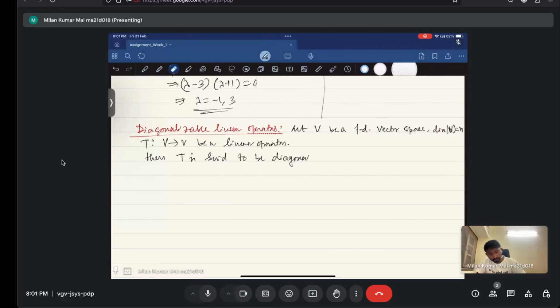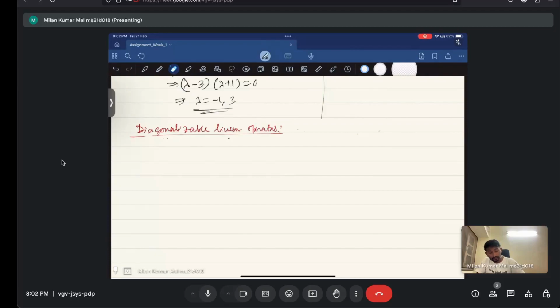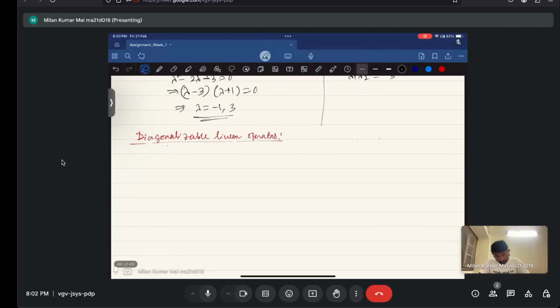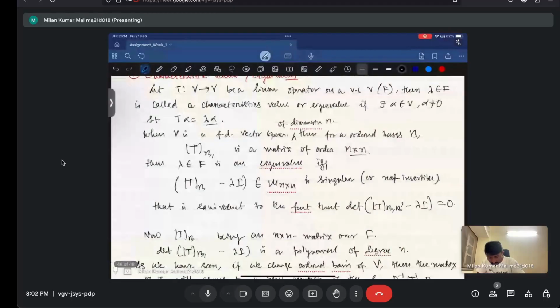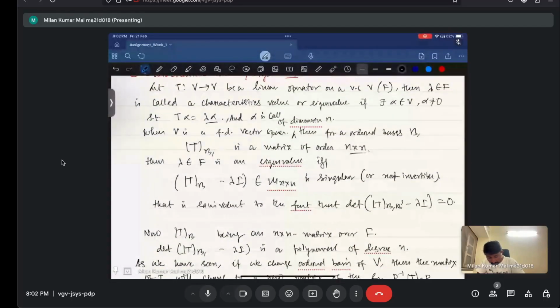Okay, so before doing all these things, I'll just tell you what an eigenvector is. As you recall, alpha is called an eigenvector of T corresponding to the eigenvalue lambda.